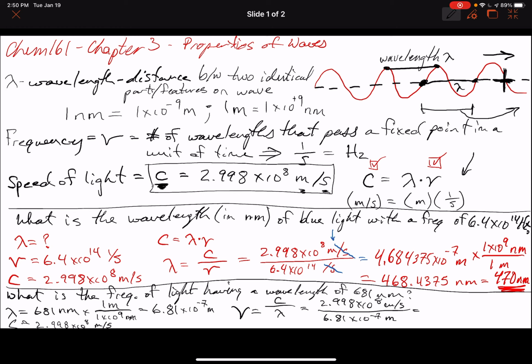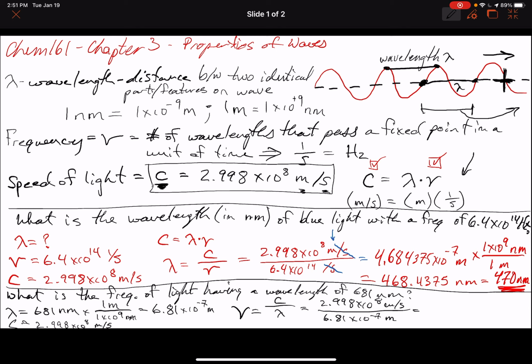And this will give us the answer as 2.998 E8 divided by 6.81 E negative 7.